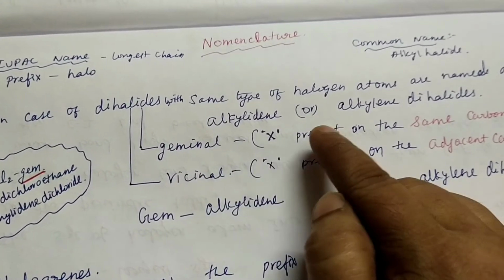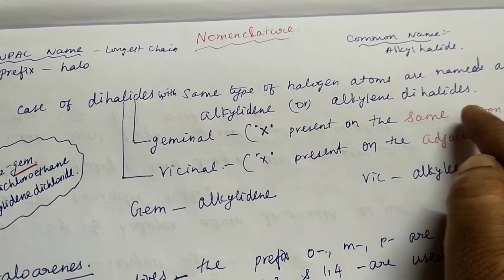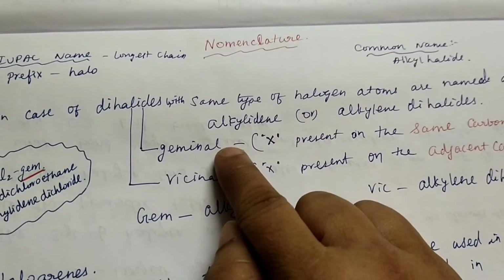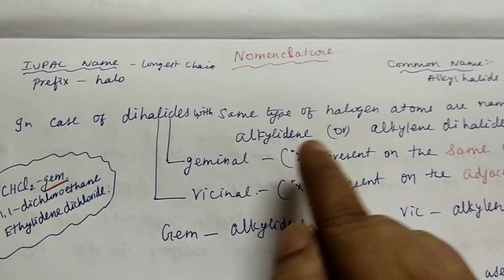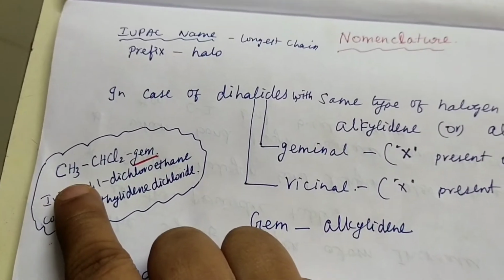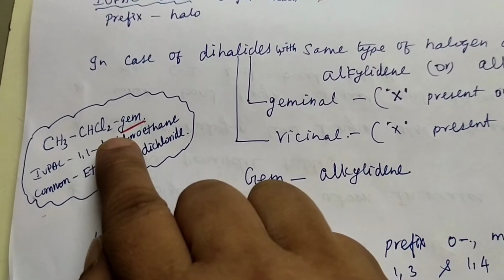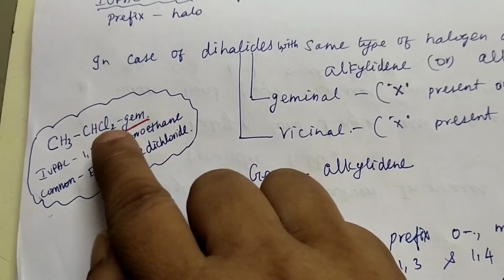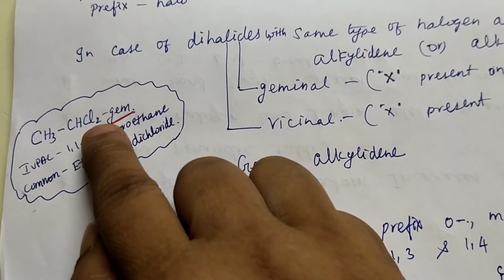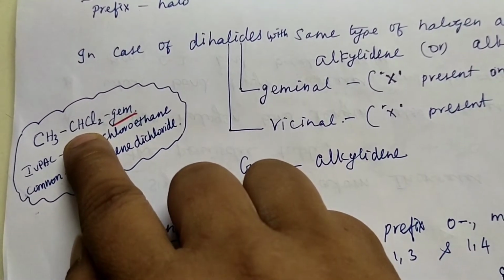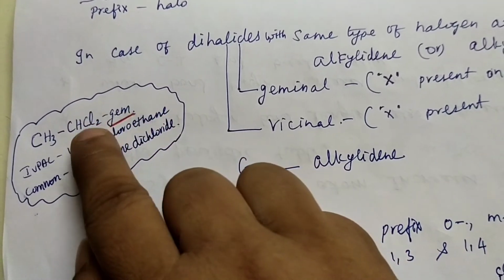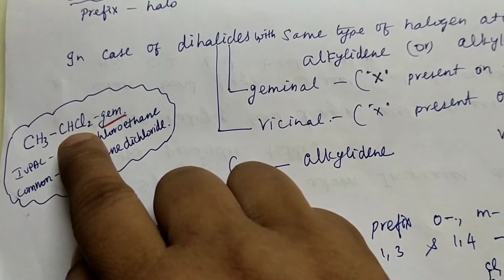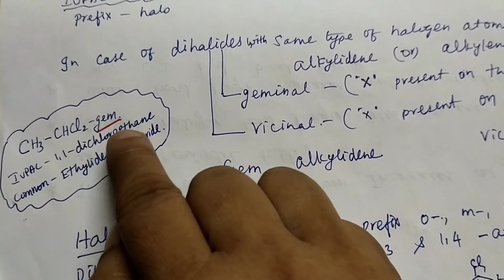Geminal means that the halogens are present on the same carbon atom. If both the halogens are present on the same carbon atom, for example here CH3CHCl2, that is geminal. Two chlorines on the same carbon atom. In the IUPAC name, the position of the halogen is the first carbon, so 1,1-dichloroethane.